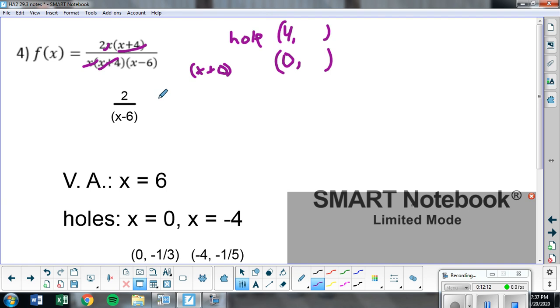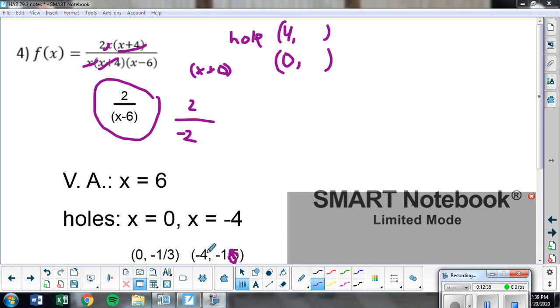So plug in -4 here. 2 over -4 minus 6 is -10, which simplifies to 2 over -10, which is -1/5.